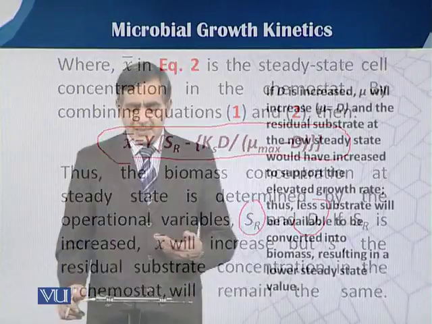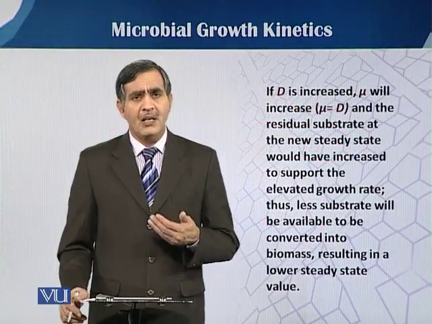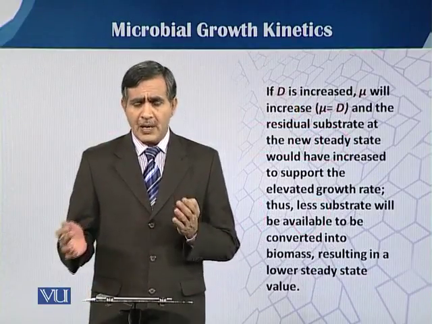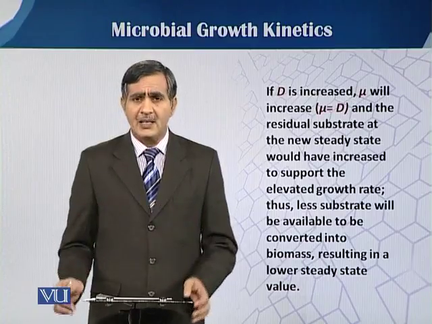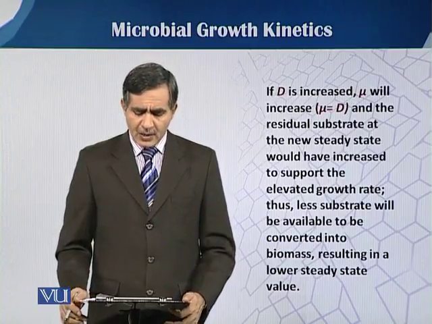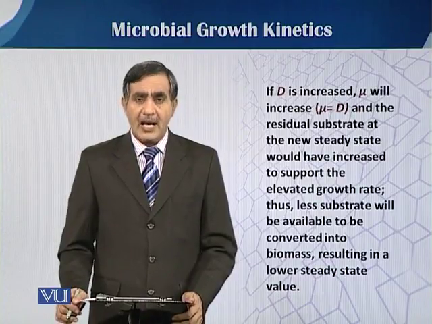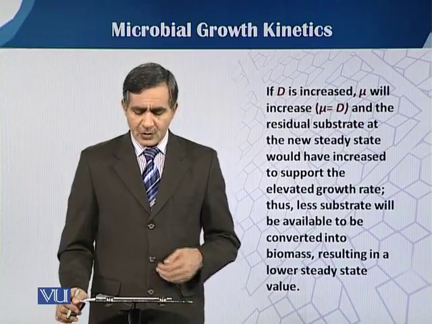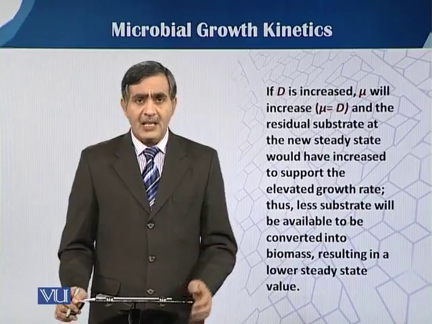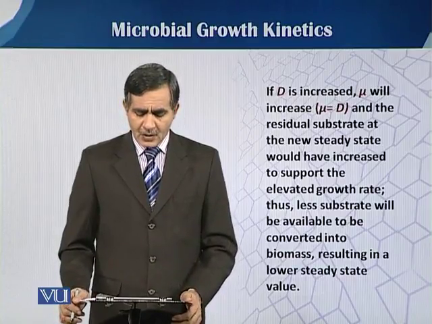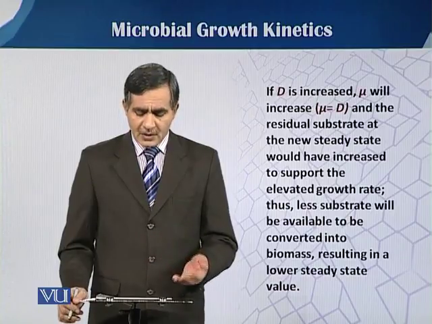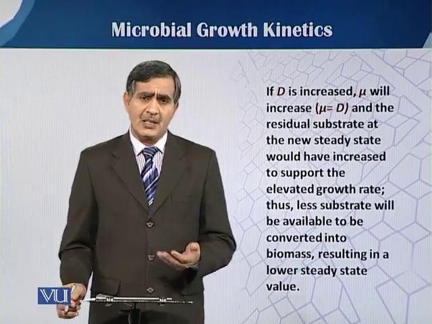If D is increased, then mu will also increase. So mu and D are very critical in this case. The residual substrate at the new steady state would have increased to support the elevated growth rate, thus resulting in a lower steady state biomass.